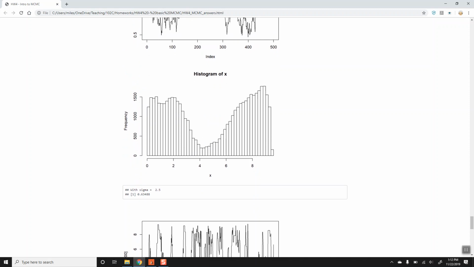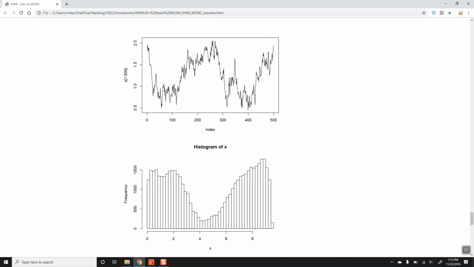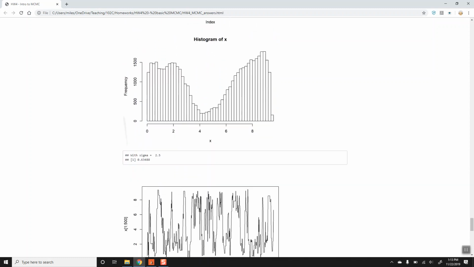The answer is no, because you can end up wandering too much in one zone. You have these 2 peaks, and it's possible to end up on one side, and just because you're accepting almost every value, you wander around there for a very long time and oversample a certain region.